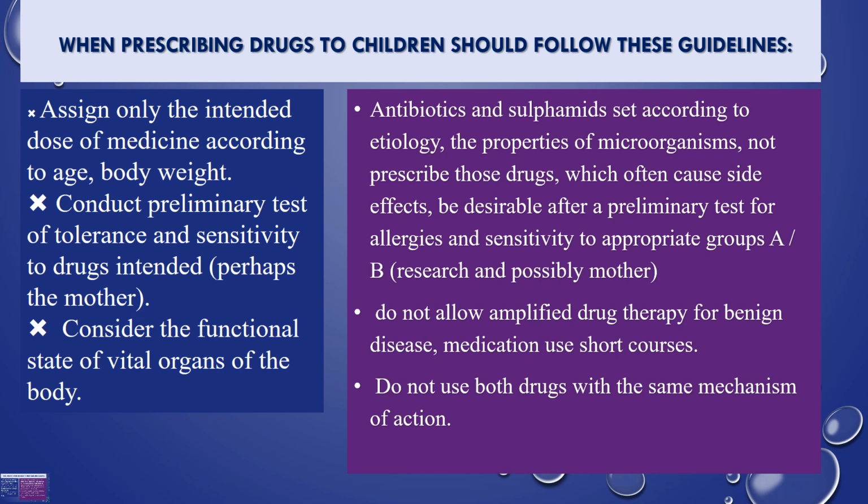Do not prescribe drugs which often cause side effects; a preliminary test for allergies and sensitivity is desirable, with appropriate groups A, B research, and possibly on the mother. Do not allow amplified drug therapy for benign diseases. Use short courses of medication. Do not use both drugs with the same mechanism of action.